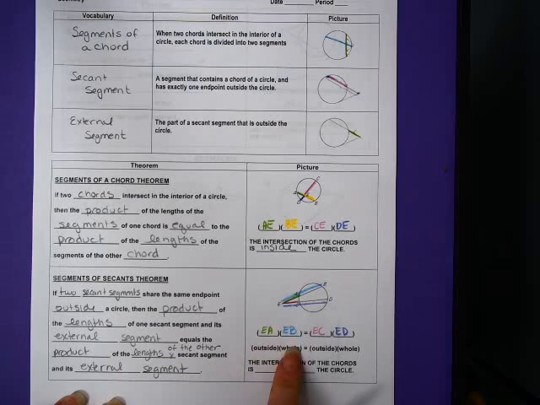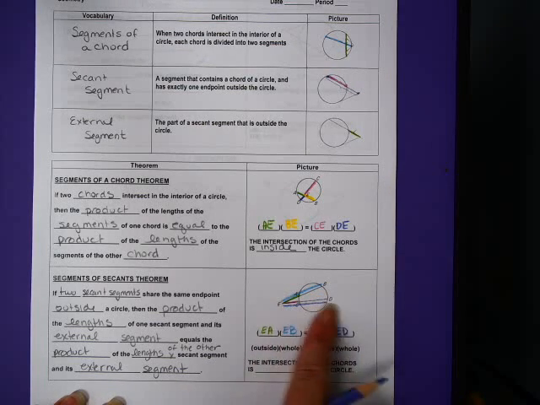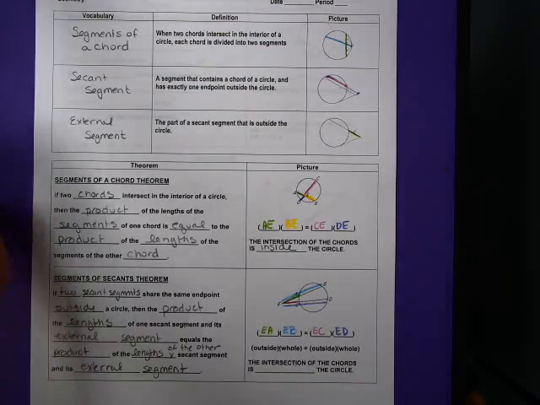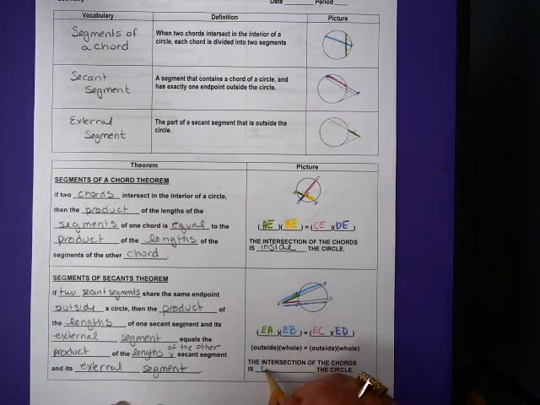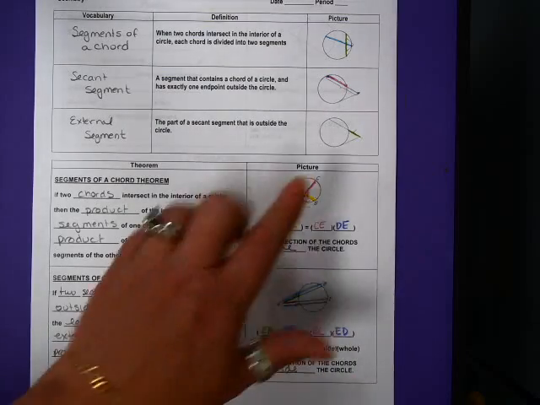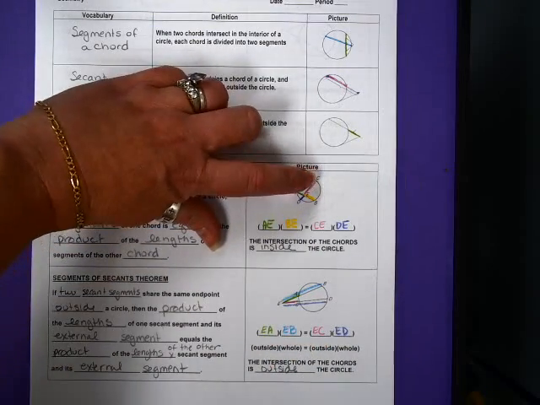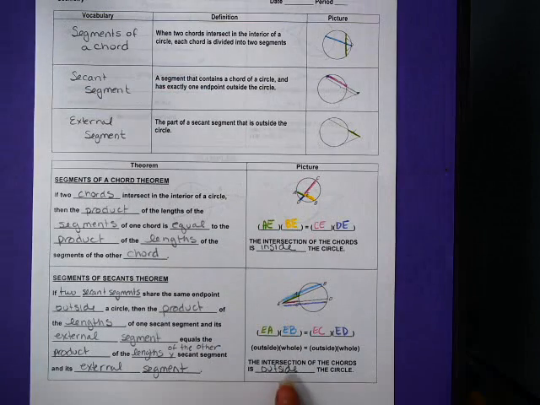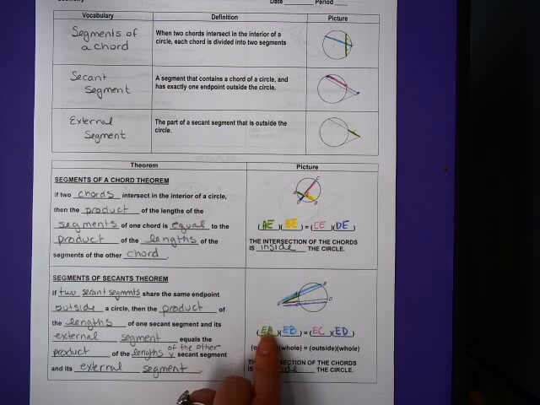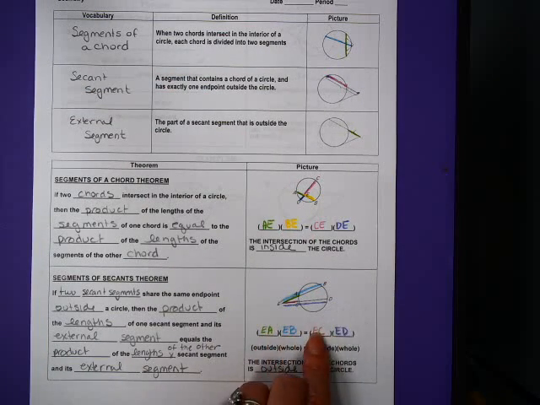So outside times the whole equals outside times the whole. Notice that the intersection of these two is outside the circle. So when it's inside, it's just going to be piece times piece equals piece times piece. But when the intersection is outside, it's going to be the outside times the whole equals the outside times the whole.